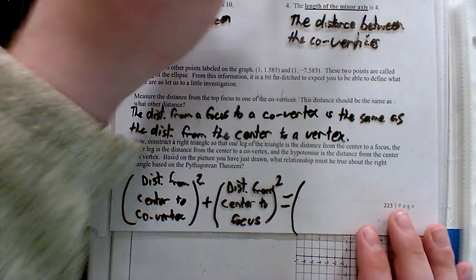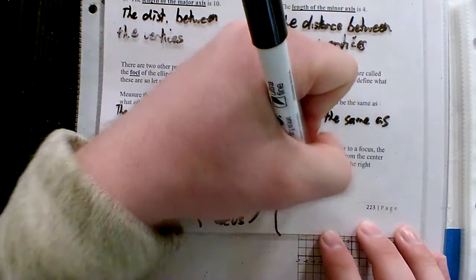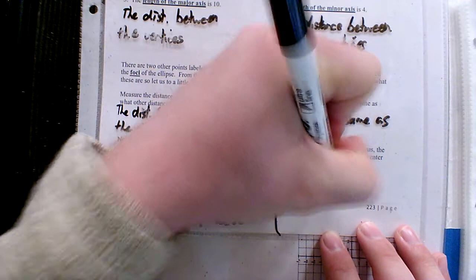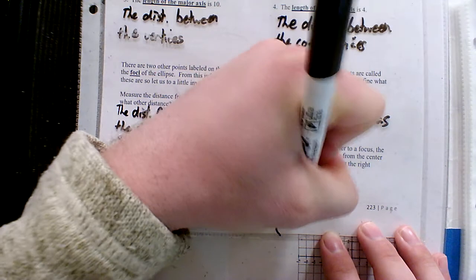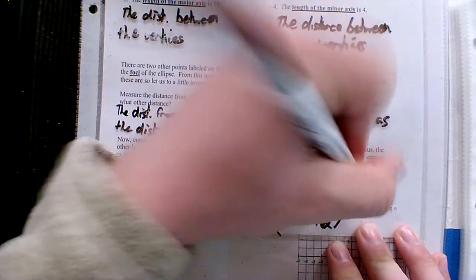We know that it's the distance of the hypotenuse of that triangle we just drew, but it's also equal to what? And we did mention this a few minutes ago. Yeah, distance from the center to the vertex. And that is squared.